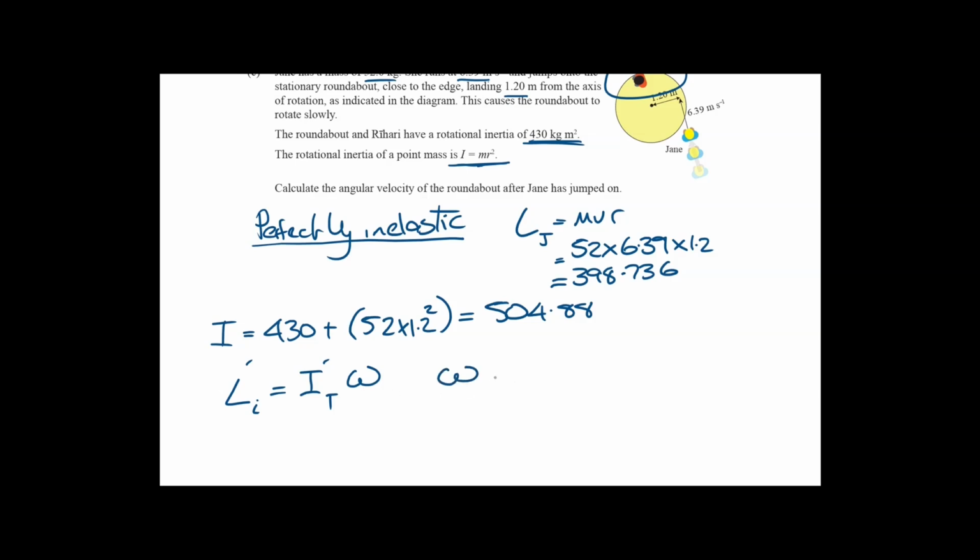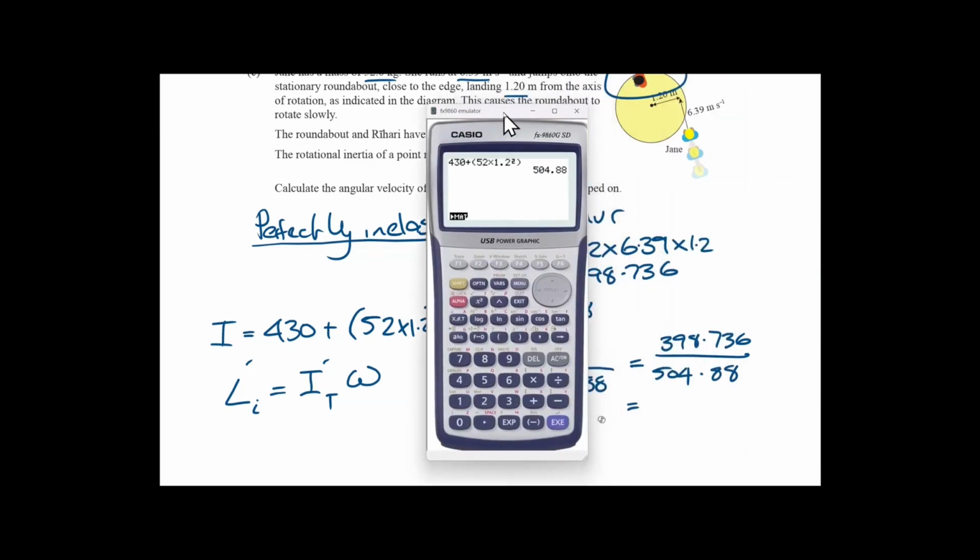So the angular velocity is going to be equal to this amount of momentum that was given into the system by Jane over this total inertia, this 504.88, and think of that as the mass. So that's going to be 398.736 divided by 504.88. And the good thing is that now we're using SI units.